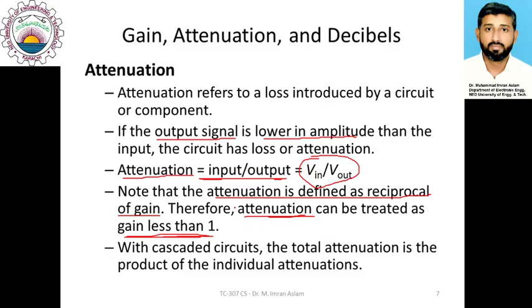So attenuation can also be taken as a gain which is less than 1. And similar to the case of amplifiers that we discussed in the previous slide, when different attenuators are cascaded, the total attenuation would be equal to the product of individual attenuations.